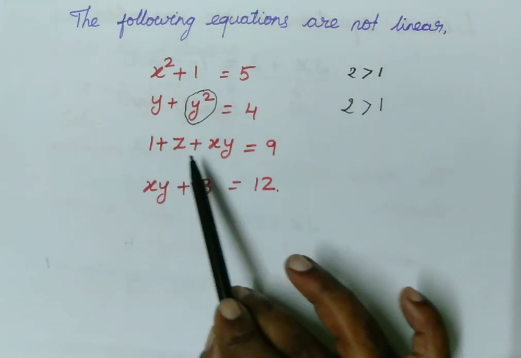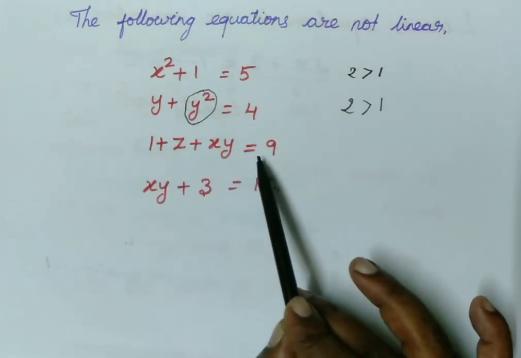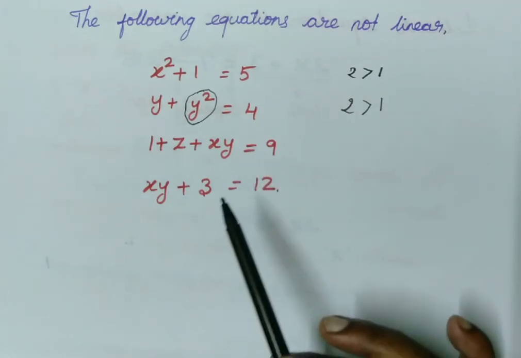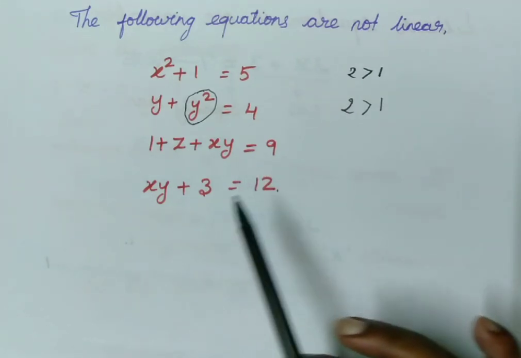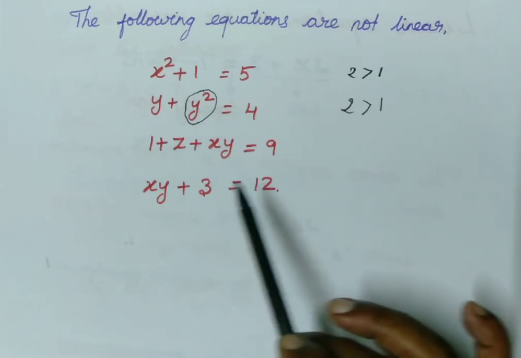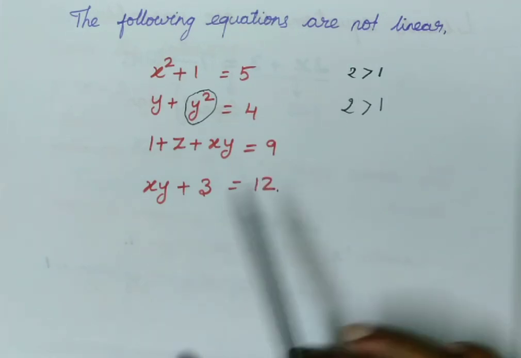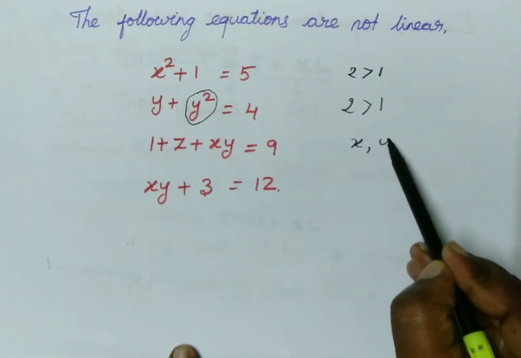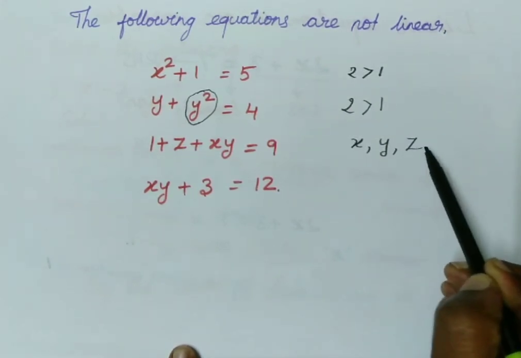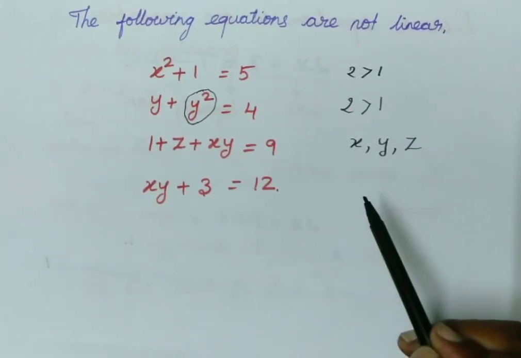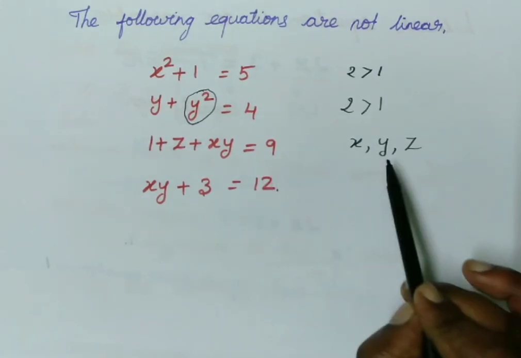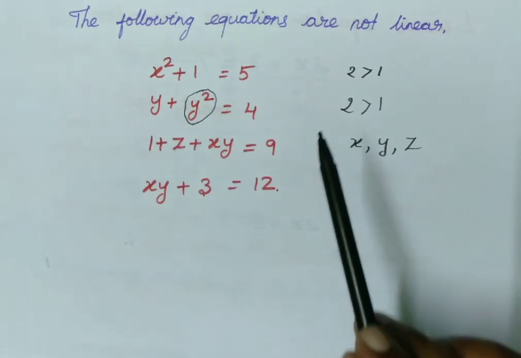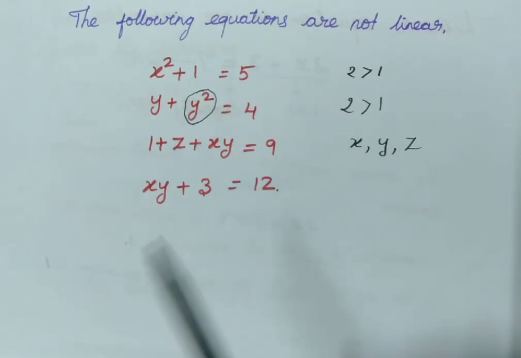Similarly, 1 plus z plus xy equals 9. This is also not a linear equation in one variable. Can you say why? Yes, because it has three variables, namely x, y, and z. So this is an equation whose variables are 3 in number, but here we want a linear equation in only one variable.